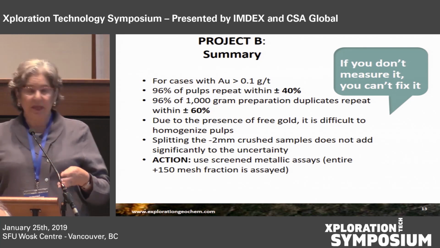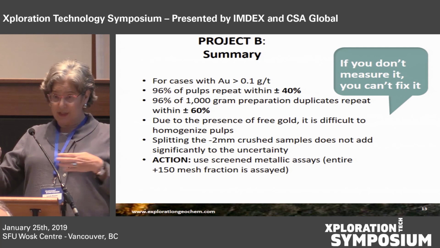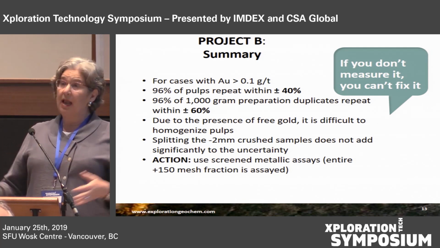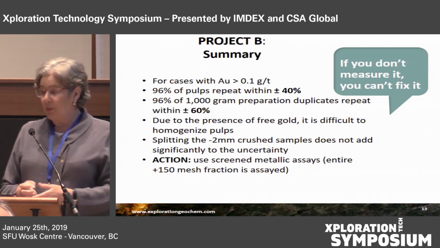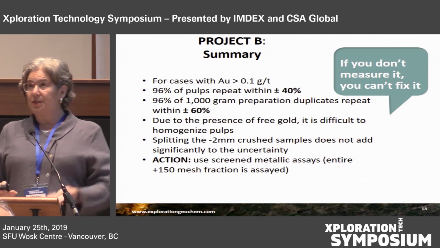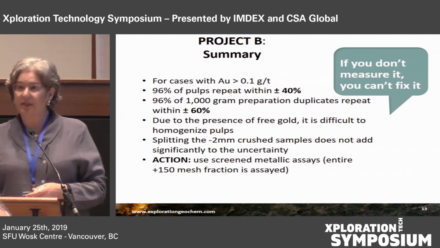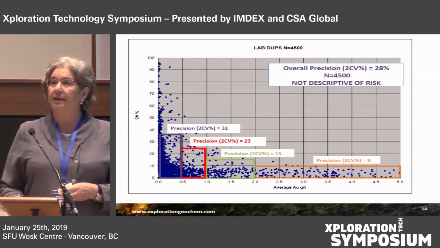So this is, to me, an example of really understanding where the precision is, measuring the precision throughout all the processes and understanding perhaps what solutions you're going to have to use based on the data. Fundamentally, if you don't measure it, you can't fix it, a fundamental saying.